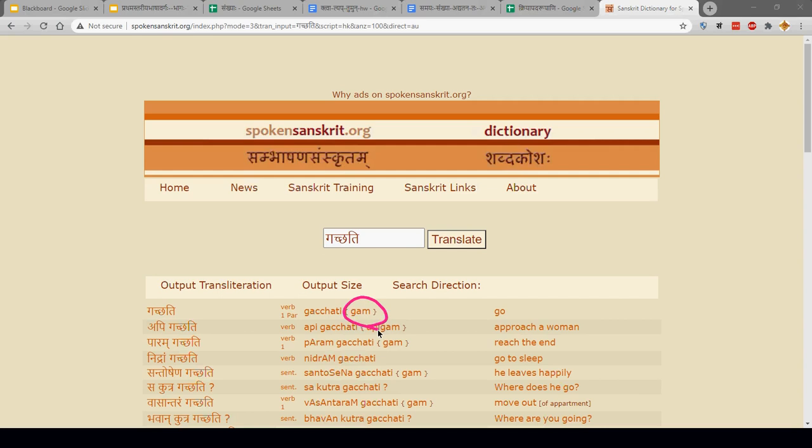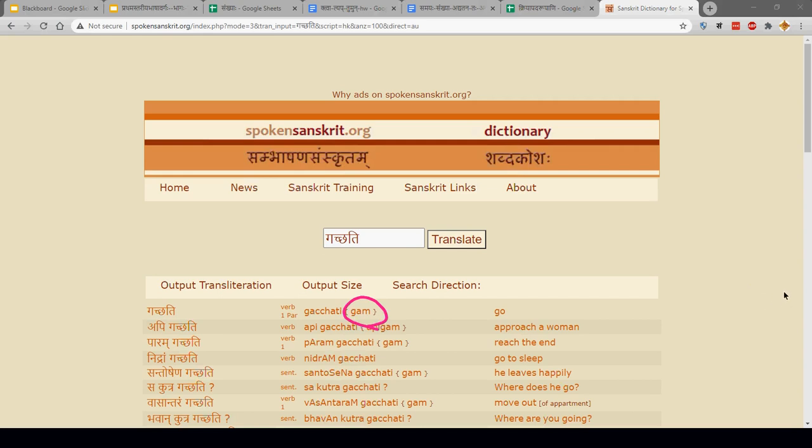I'm not sure whether this can show the verb for all the words you type, but mostly you'll find it like this. So we saw grah there, and gam, the verb root for gacchati.